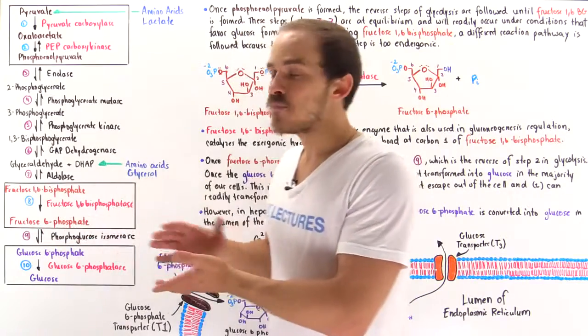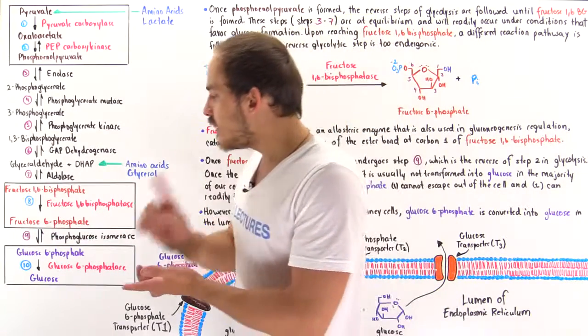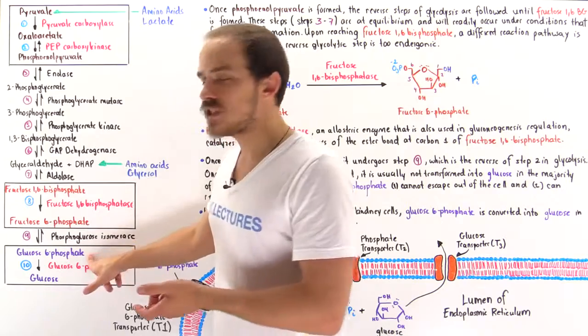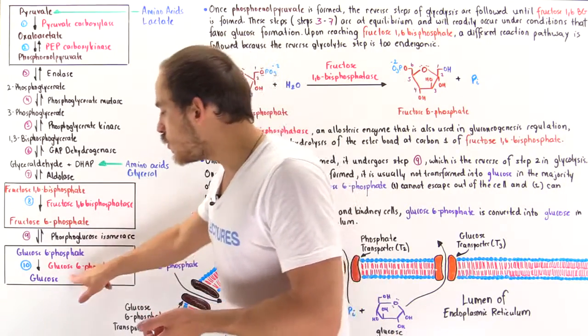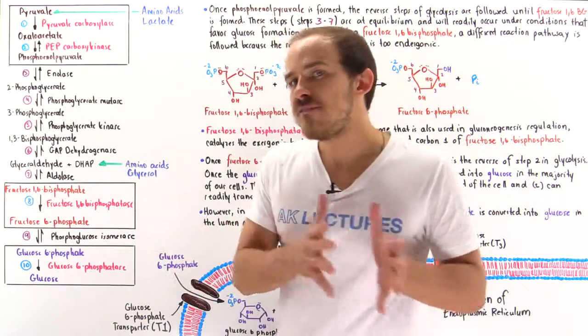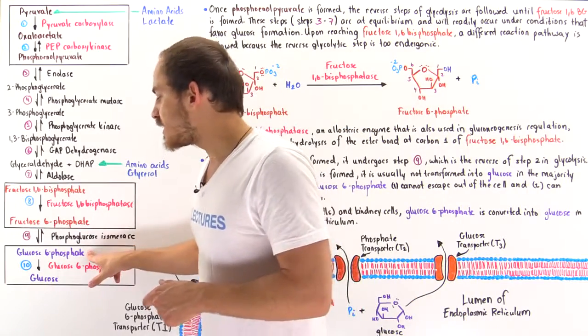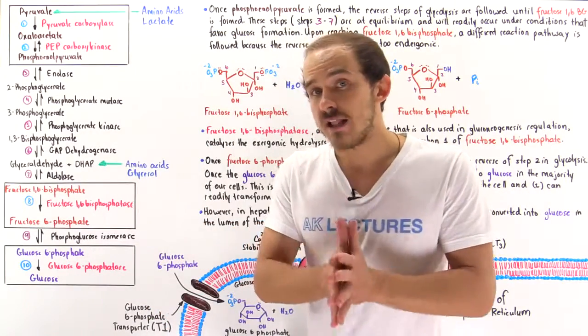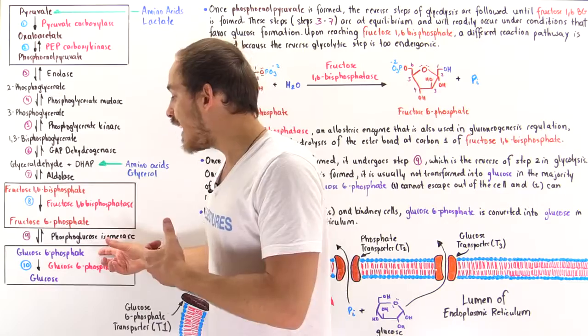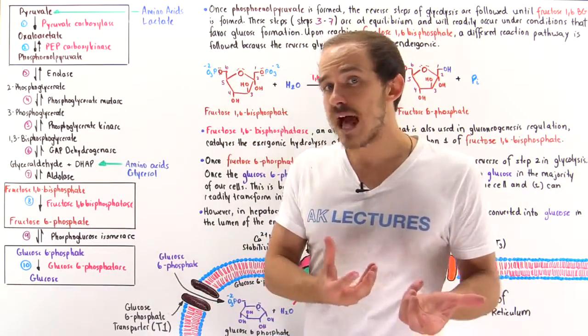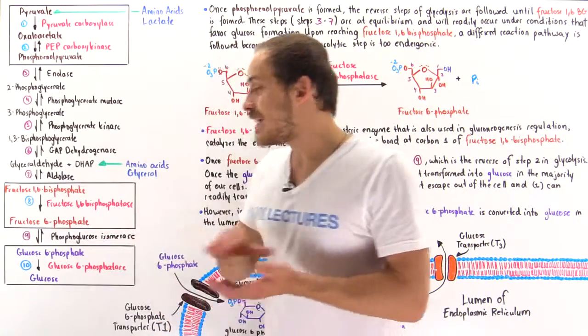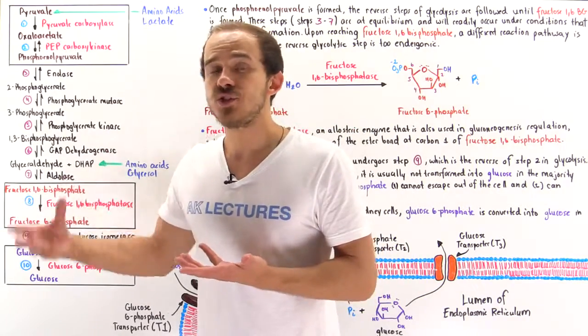in case we have to use it later. Because remember, what is the difference between glucose and glucose 6-phosphate? Well, glucose can easily leave that cell, but glucose 6-phosphate is trapped within the cell. And so glucose 6-phosphate cannot actually escape the cell, and glucose 6-phosphate can then be easily transformed into glycogen.